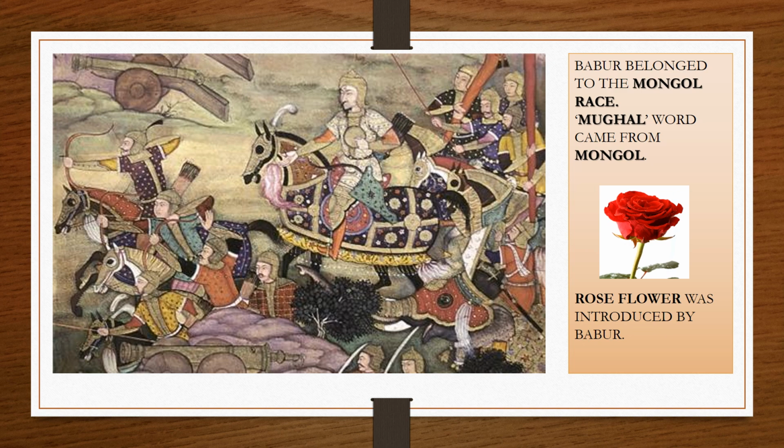The rose flower was introduced by Babur. Soon Babur conquered Delhi, Agra, and the surrounding areas and established his kingdom. But he died soon, and his son Humayun ascended the throne.